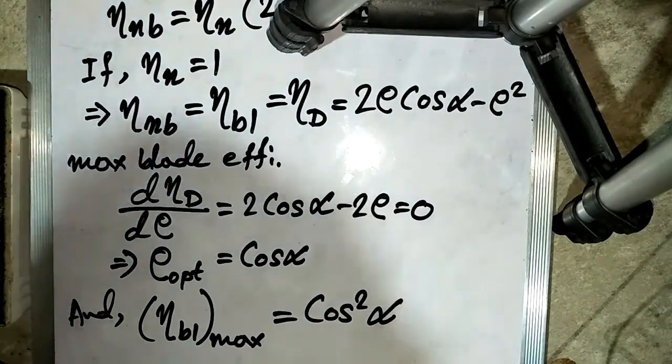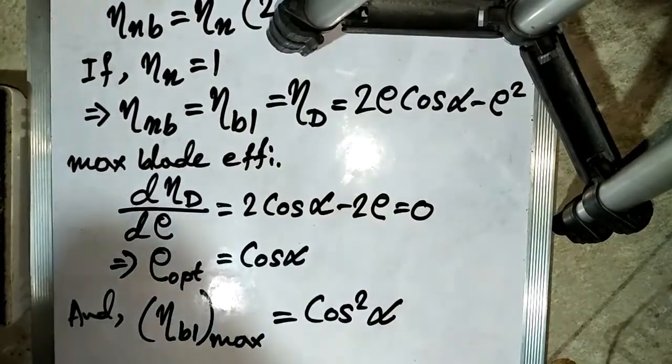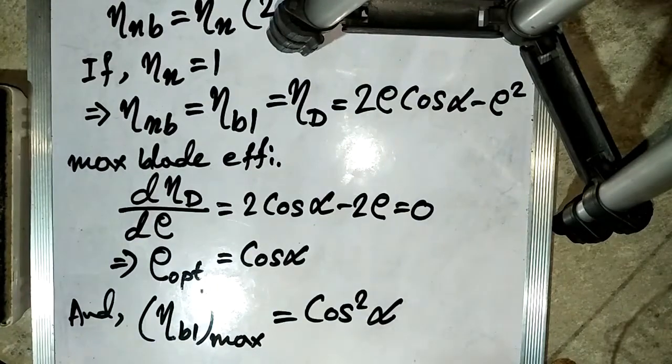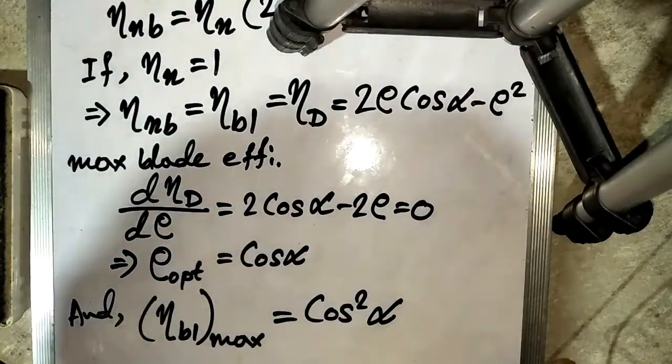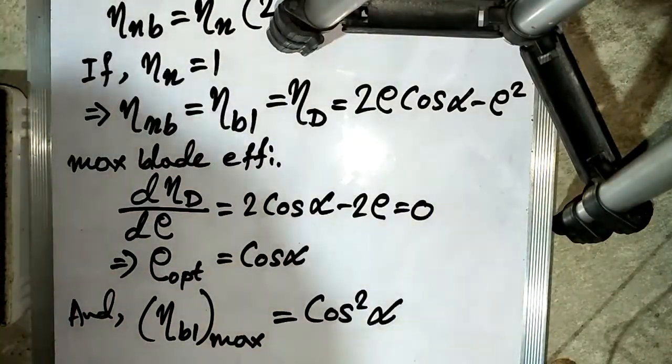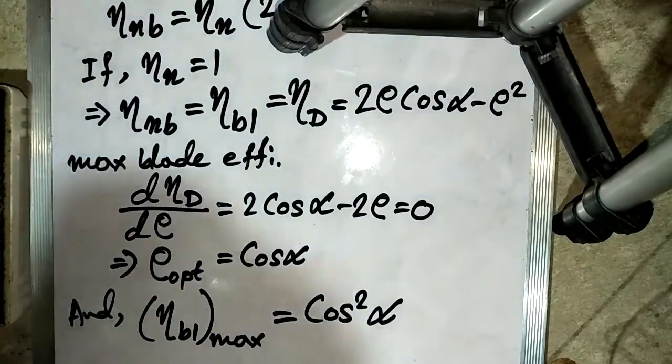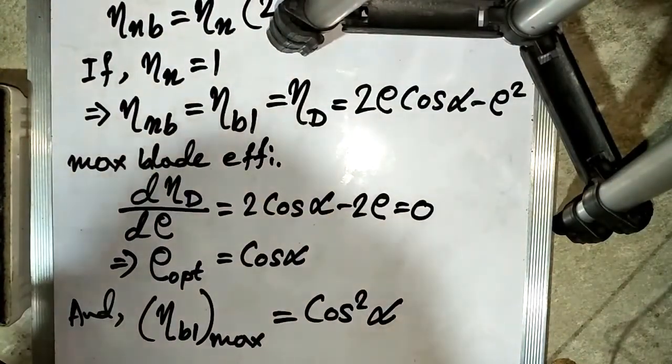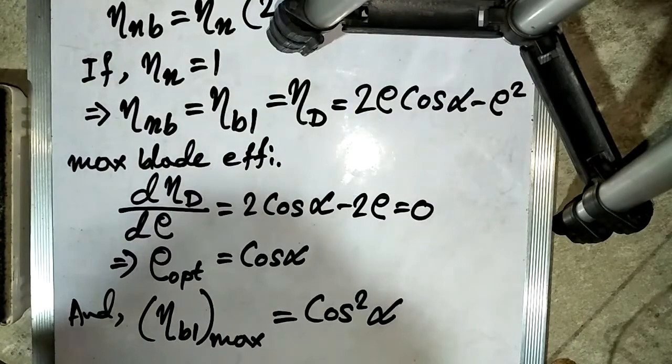So in this lecture we have learned about the reaction turbine. We have derived the efficiency and the velocity diagram for the reaction turbine, and also the expression for carryover efficiency in the case of reaction turbine.